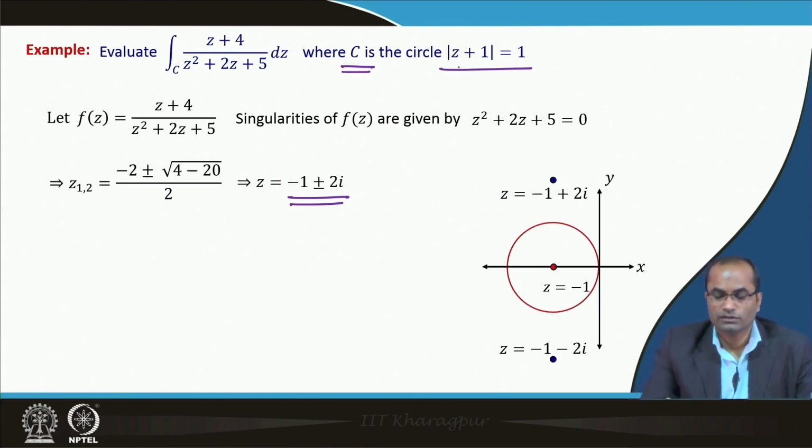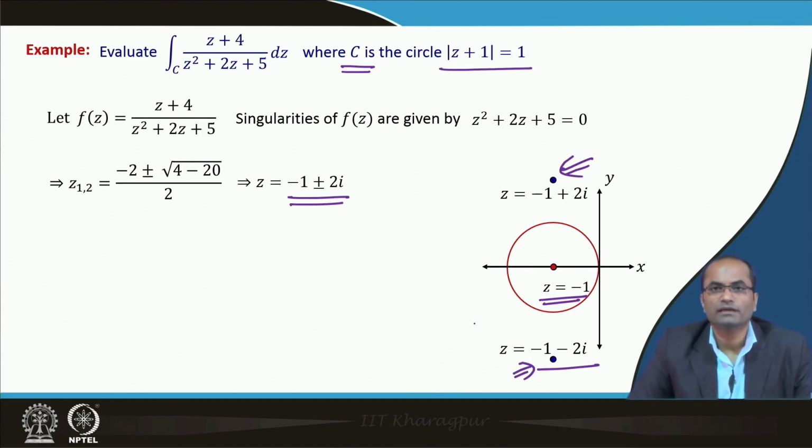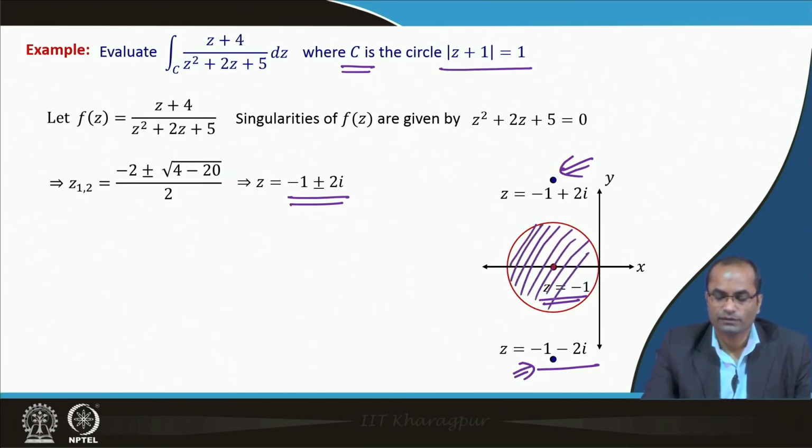So, this is the situation here, the center lies at z equal to minus 1, and the 2 points where the function is not analytic, that is minus 1 minus 2 i and minus 1 plus 2 i, lie completely outside the circle C. So, as long as the circle C and the region enclosed by this C are concerned, the f z is analytic.